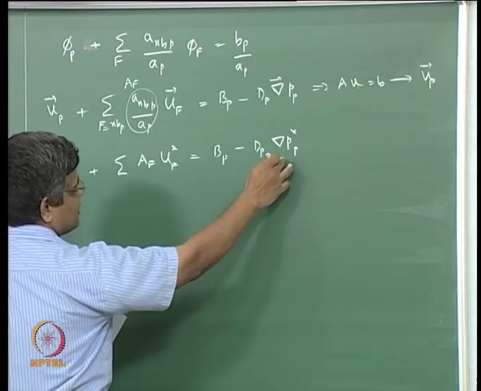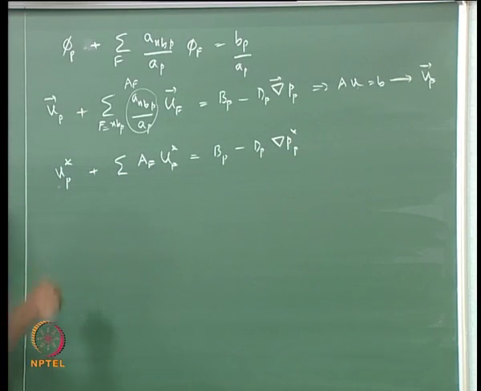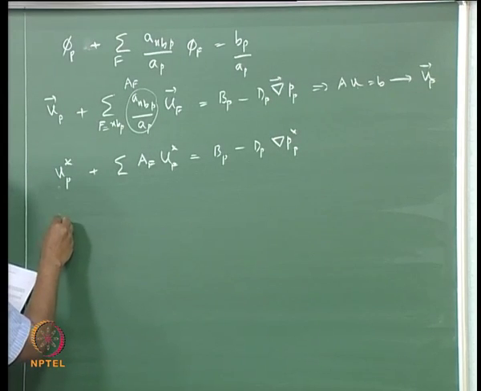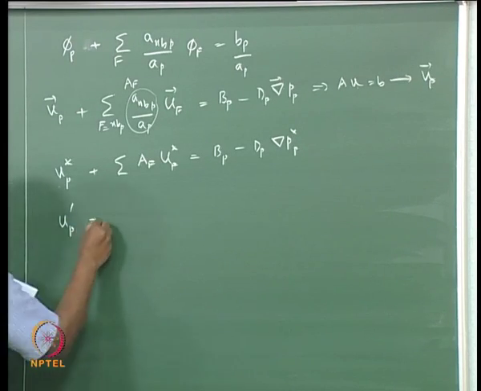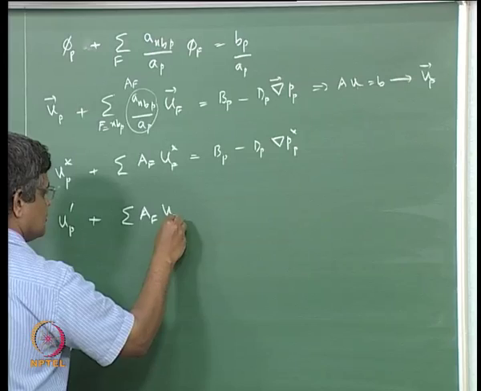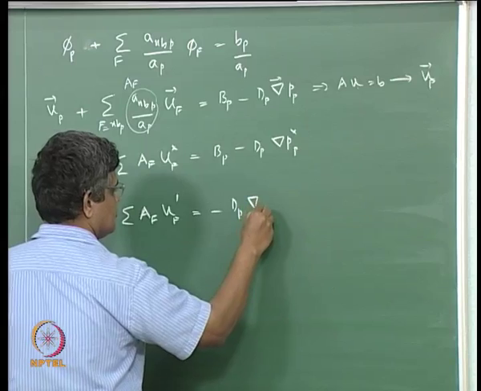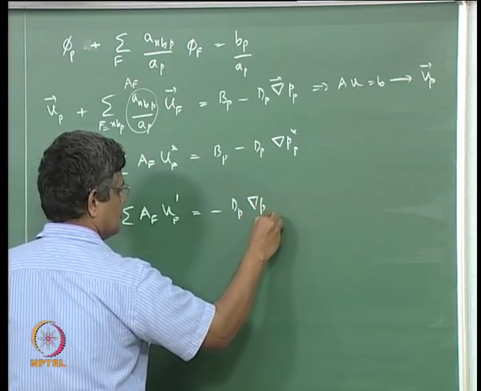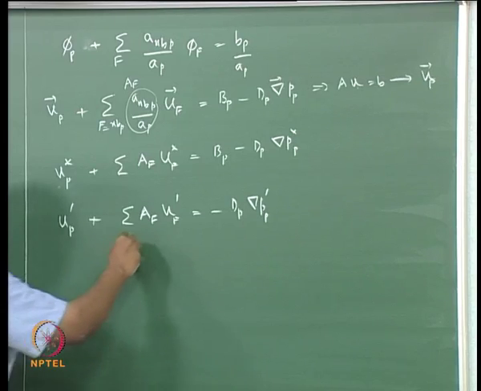It's only the approximate pressure field that gives rise to the approximate velocity field as per this, and we can subtract this from this and derive the expression for the velocity correction as this. So this is the pressure velocity correction, and in the SIMPLE scheme, for example, we neglect this.